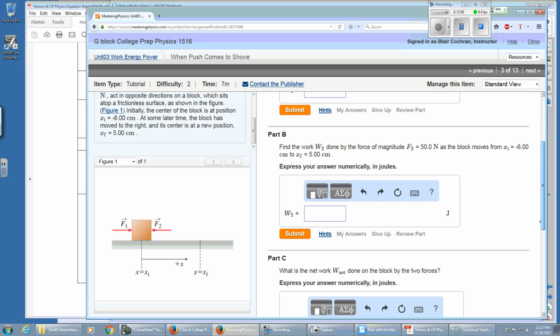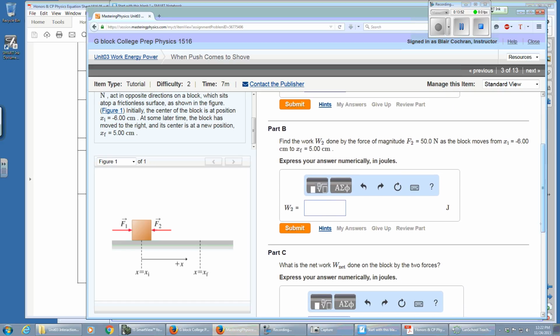Now notice this force and this displacement are in opposite directions. So the first force, did it add work or take away work, add energy or take away energy? It added energy, so we should have gotten a positive answer. What about this one? It's going to take away.